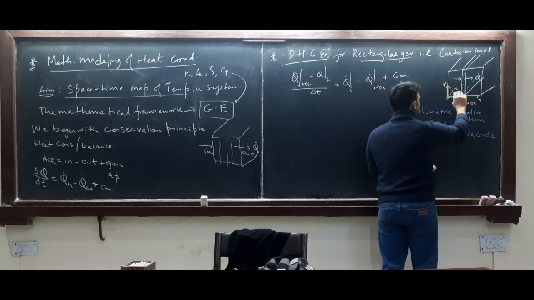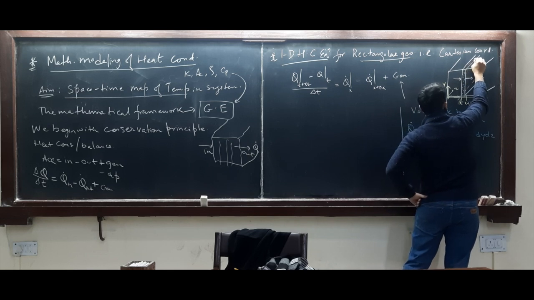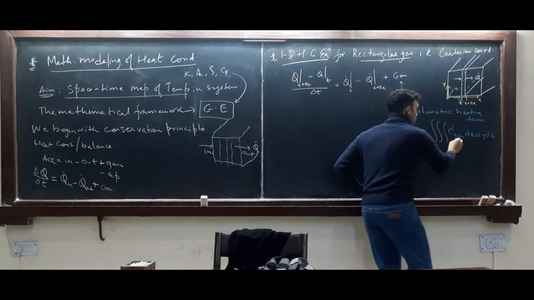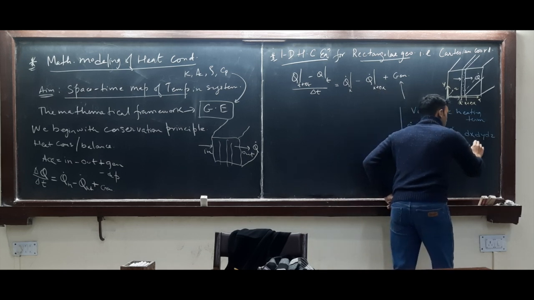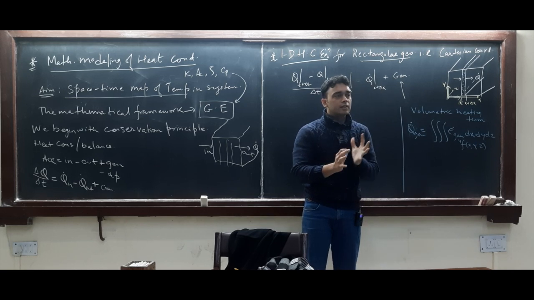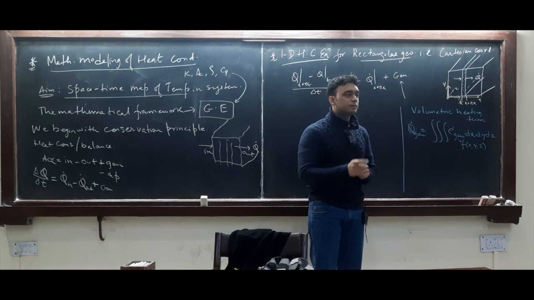So in this rectangular geometry, if there was a heating element, then everywhere I would define a scalar field known as E gen dot, and this could be a function of x, y, and z. So your geometry is generating some heat, and it's varying in x, y, and z.